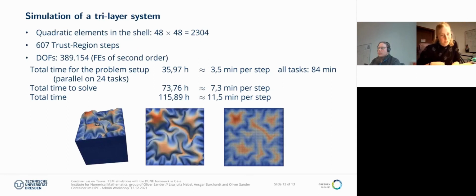They were interested in more simulations from our side. And for this one, it has 389,000 degrees of freedom, and takes around 11.5 minutes per step. So this is my last slide.